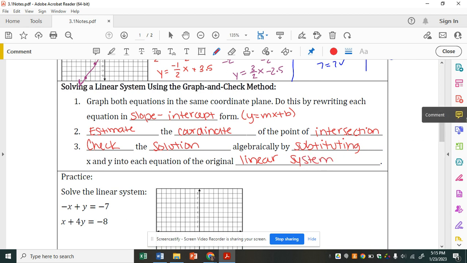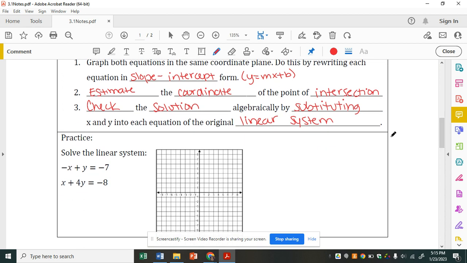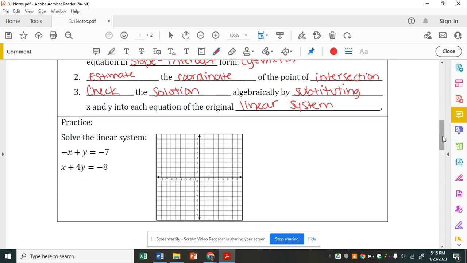Okay, so we graph both of them in slope-intercept form, in y equals mx plus b. Then we find where those 2 lines cross. Then we can check that point where they intersect actually is the solution.